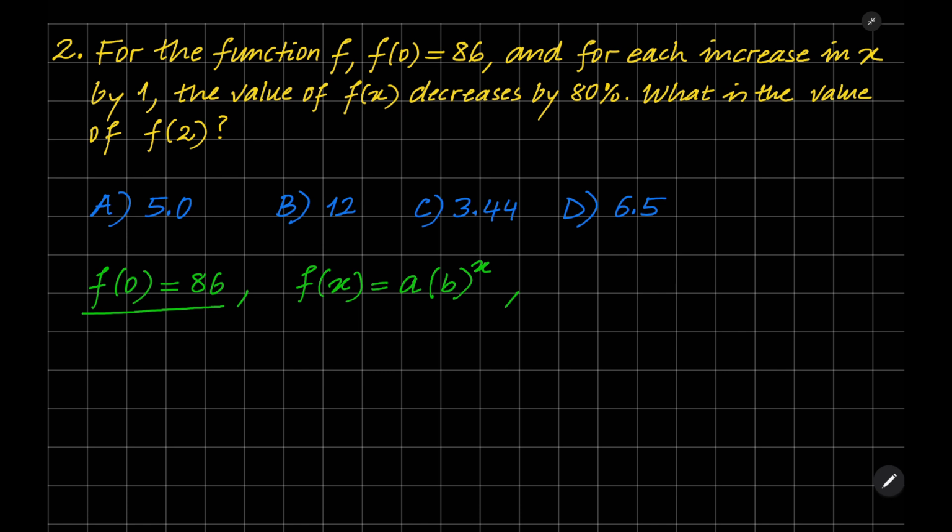The value of a must be 86 and the value of b must be 1 minus 0.8, or 0.2.